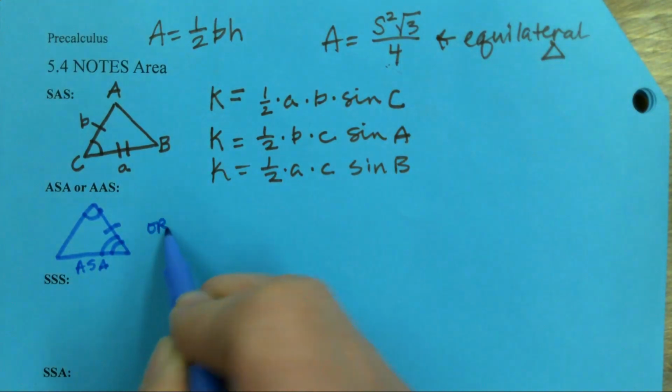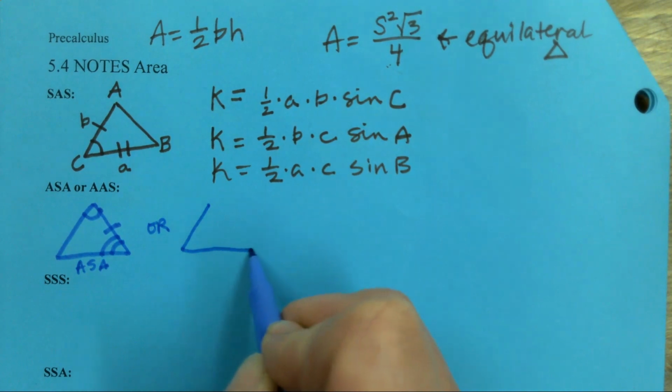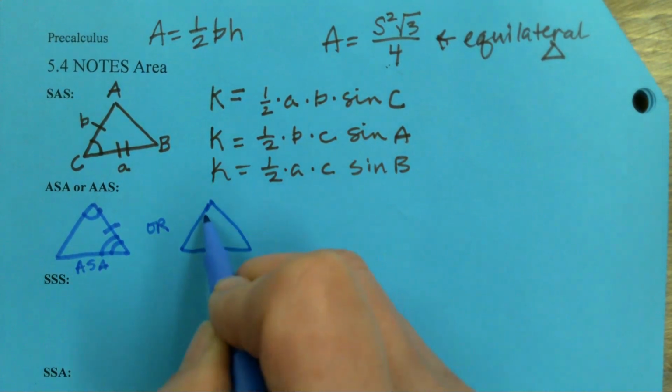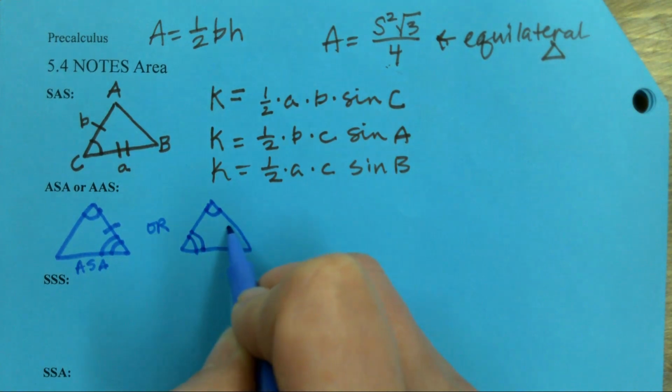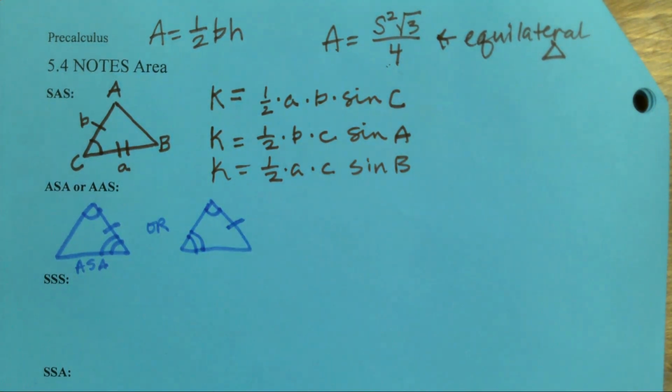Or I would be given an angle, another angle, and a side that's not between them. Those letters are telling. They tell us the order that things are given. This means that the side has to fall in between the two angles. This one means that the two angles do not include the side. So the side is outside of it, okay? Not between the two angles.